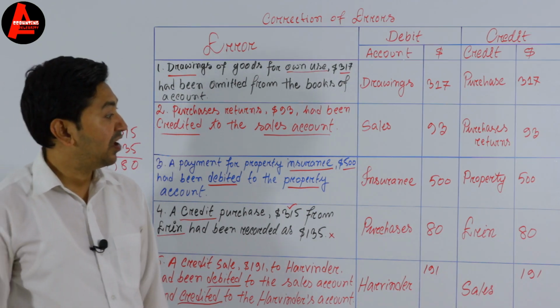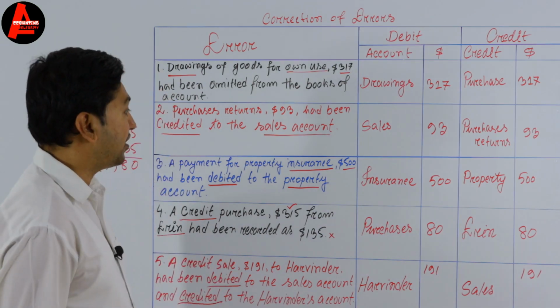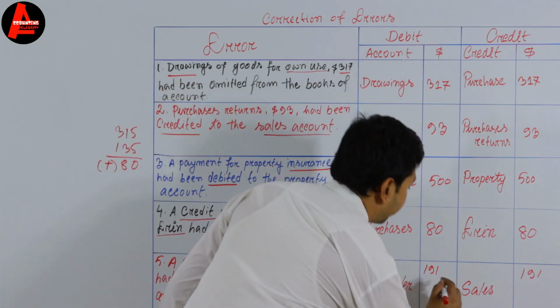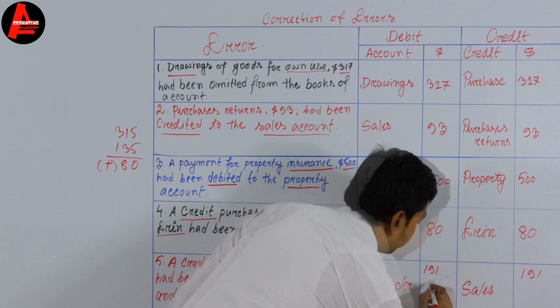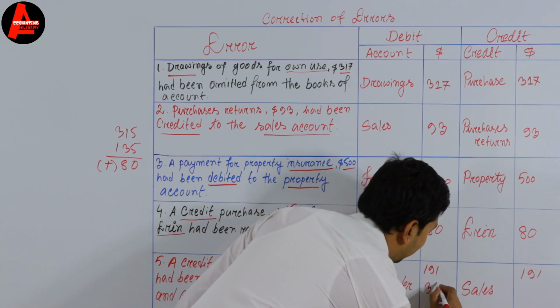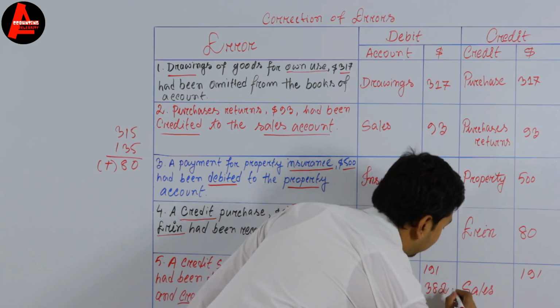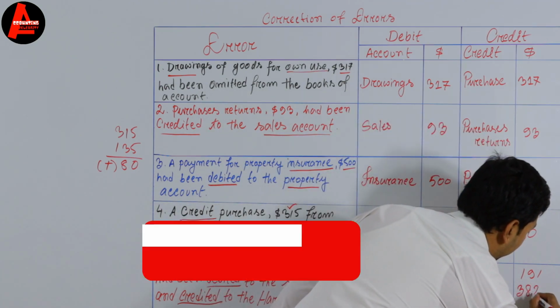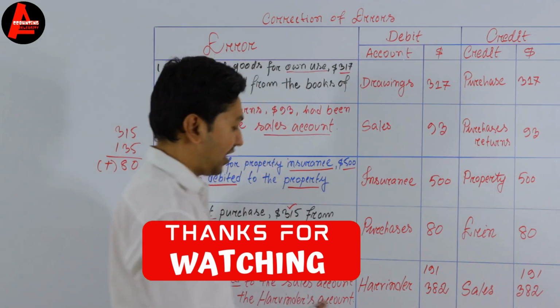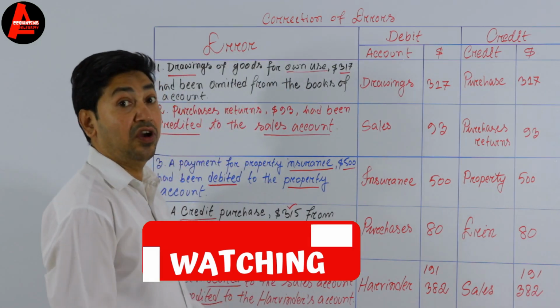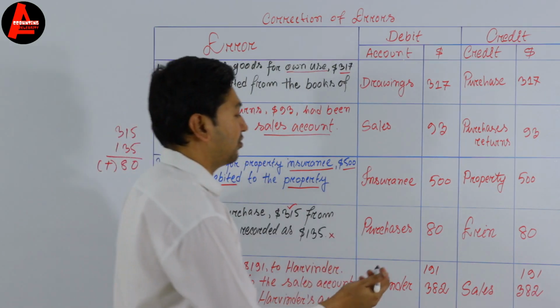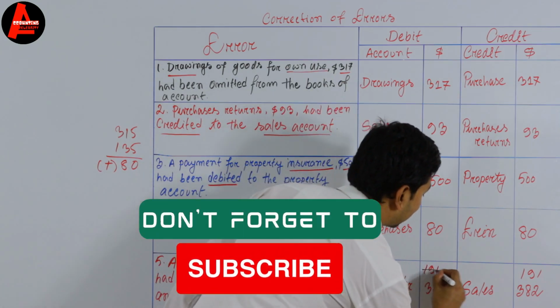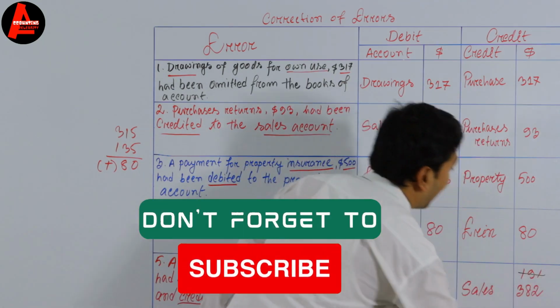So here 191, if we double, we get 382, right? 382 on the debit side and 382 on the credit side. So do not write this amount. This is not correct.